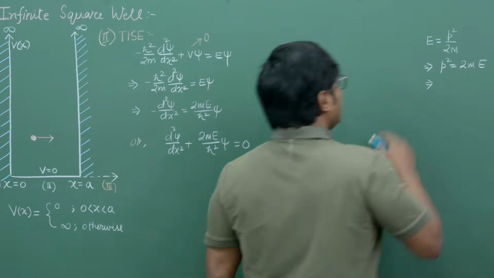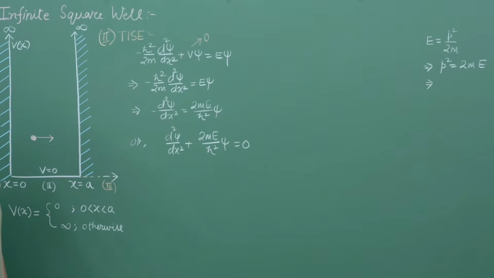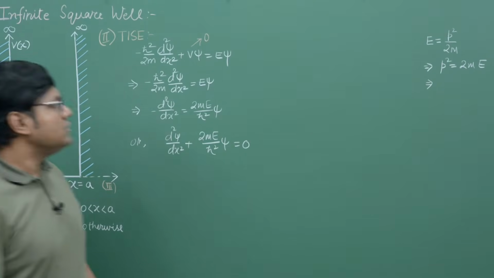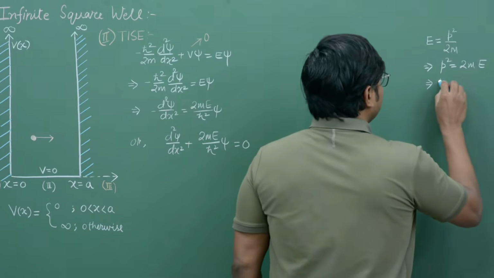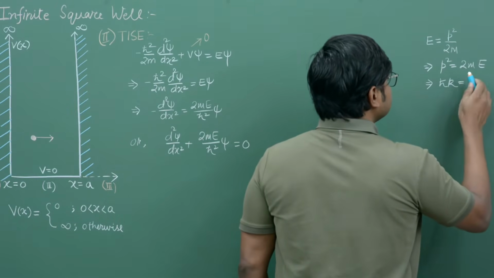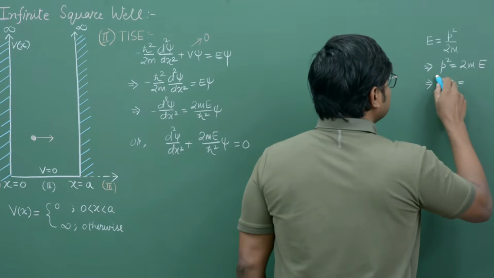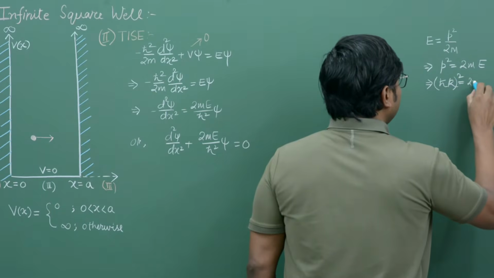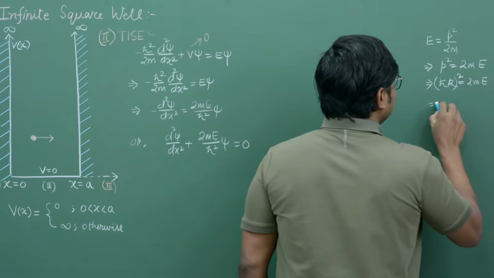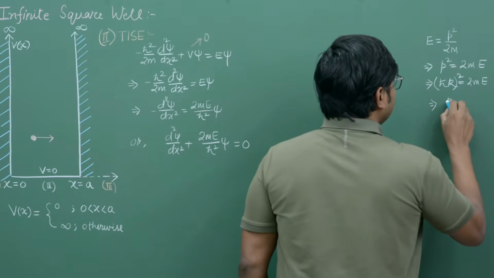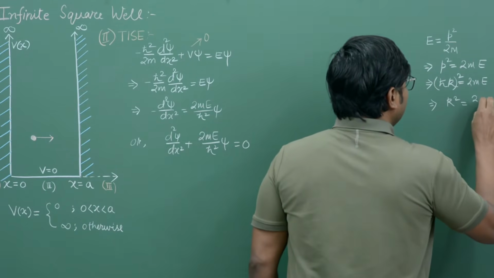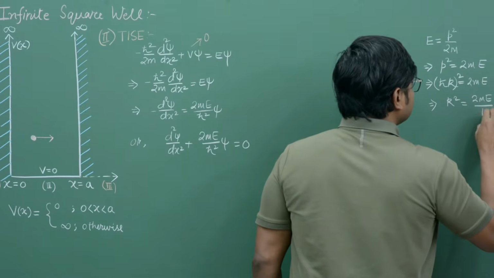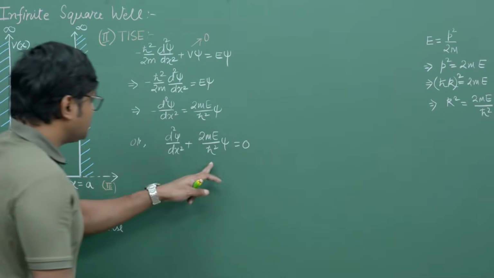But what is p? We know from the de Broglie hypothesis that p is nothing but ħk, k being the wave number. So this is (ħk)² = 2mE, which essentially comes out to be k² = 2mE/ħ². So 2mE/ħ² is nothing but k².